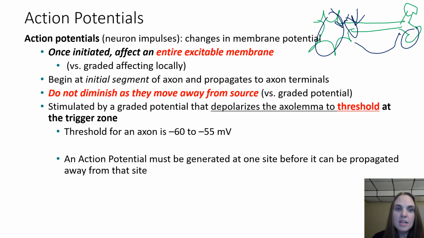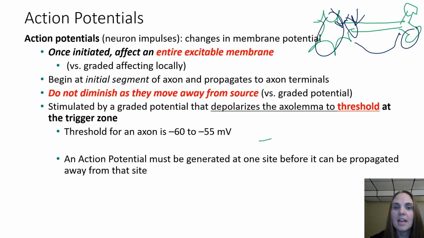So if we get a large enough depolarization to bring that axolemma to what we call threshold at that trigger zone, then we initiate an action potential. The threshold for an axon is between -60 and -55 millivolts. So remember, on average, our resting membrane potential is -70 millivolts. Remember, a depolarization means making that membrane less negative.